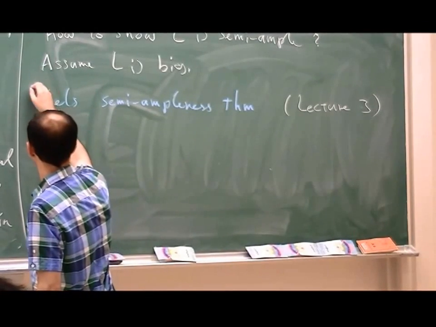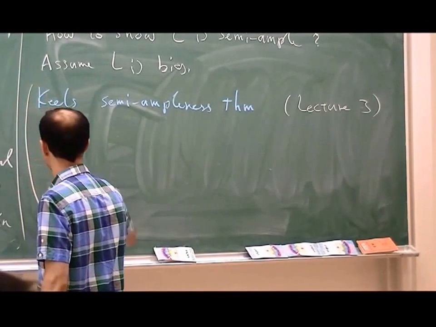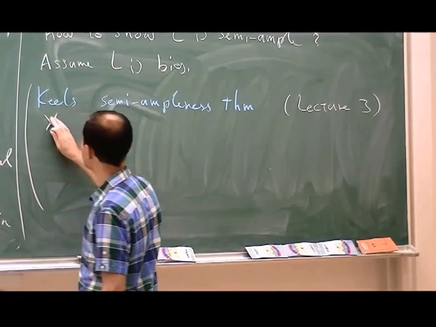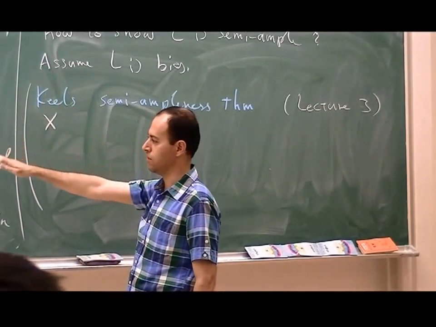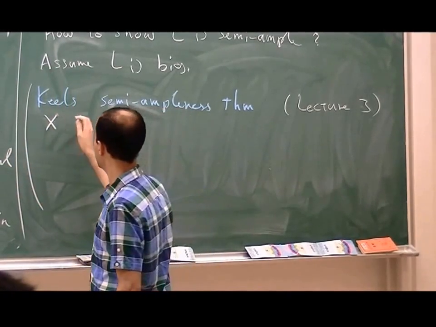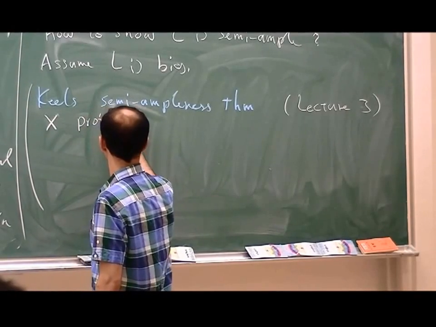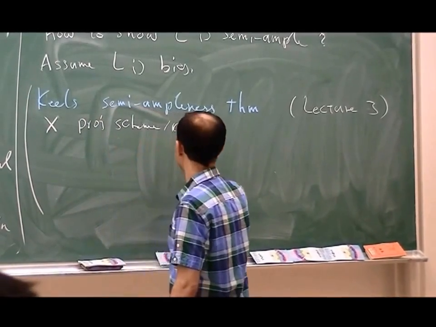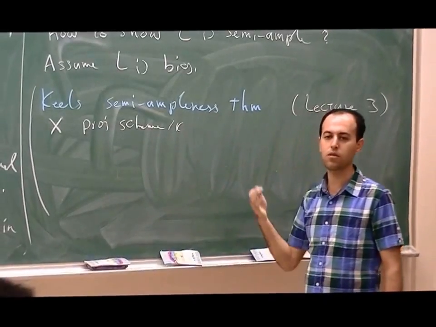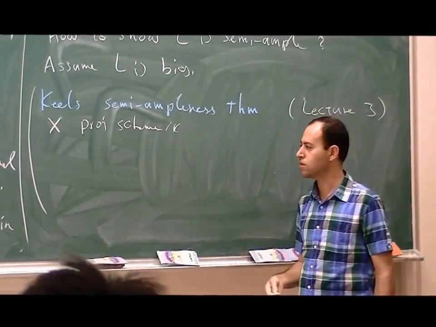So here, I have X. This X is very general. The scheme X is a projective scheme, so it does not even have to be irreducible. It could have non-reduced character. It's quite general.